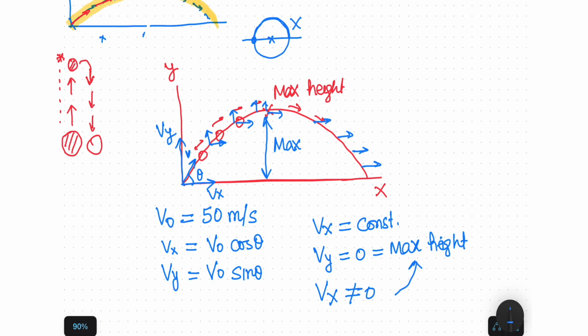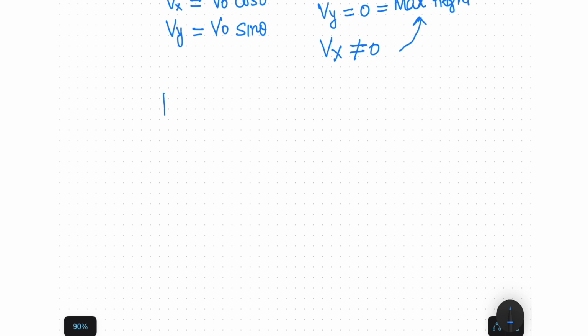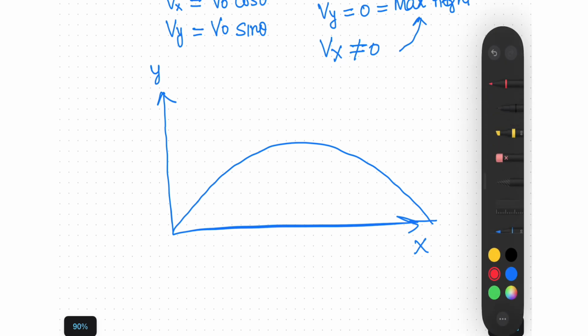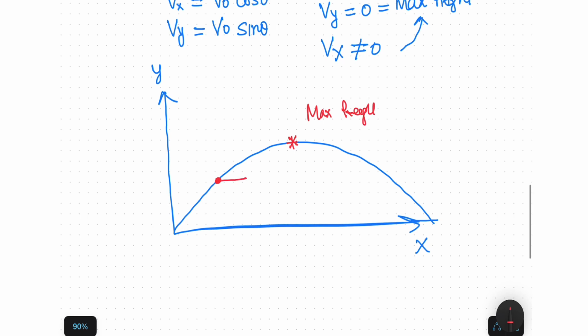Now guys, let's talk about how to draw velocity vectors. In projectile motion, we have x and y directions, and this is the projectile motion. If I ask you to draw the projectile's velocity vector at this point, and this is the maximum height it reached, you know that Vx will be like this and Vy will be in the upward direction. What about at the maximum height?